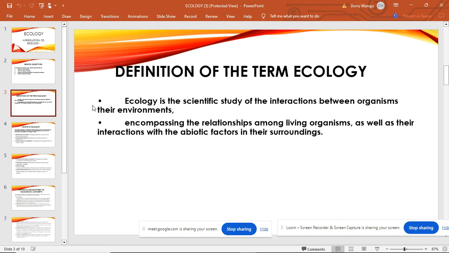Very correct. Ecology is the scientific study of the interactions between organisms and their environment. It encompasses the relationships among living organisms as well as their interactions with the abiotic factors in their surroundings.